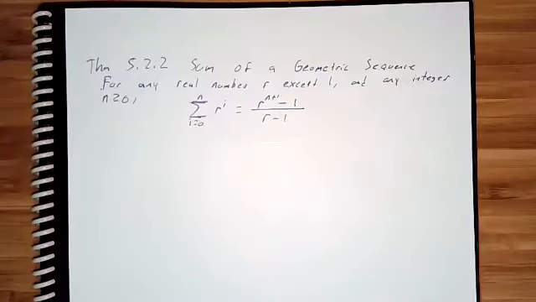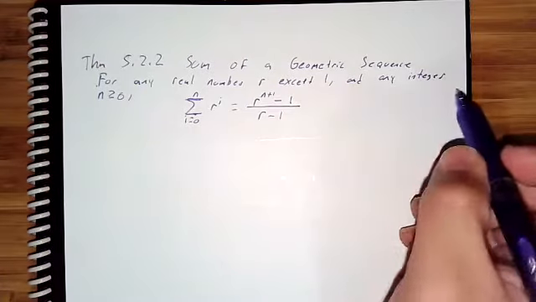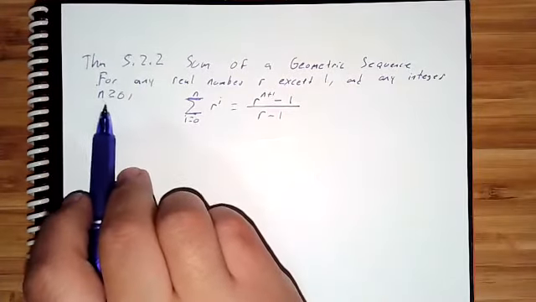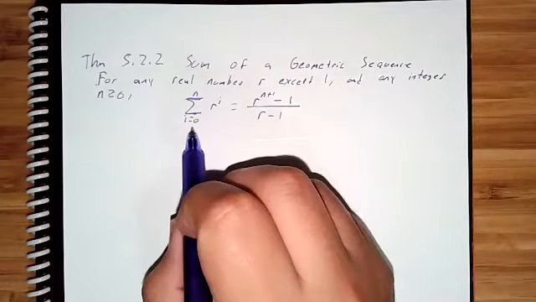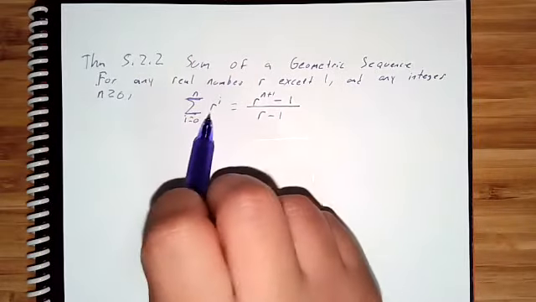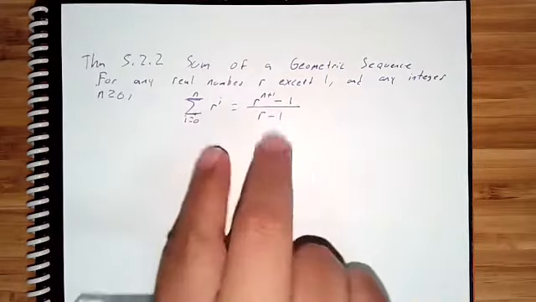Okay, let's find another example here. All right, the next example, we're going to prove the sum of a geometric sequence. So for any real number r except the number 1, and any integer n greater than or equal to 0, the sum from i equals 0 to n of r to the i is equal to this. So we're going to prove that this is true.